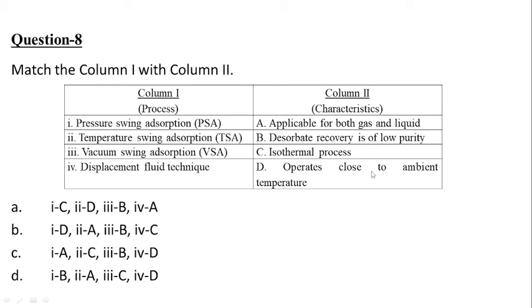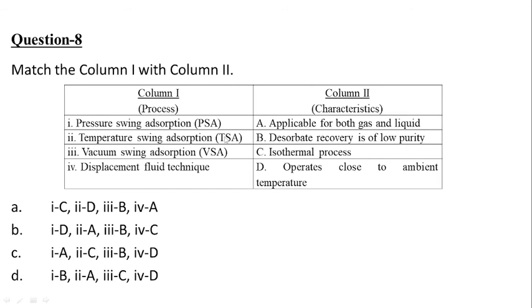Option D, operates close to ambient temperature. Pressure swing adsorption operates close to ambient temperature. So 1 is matching with D. So the option will be option B only. So let's see other things whether it is matching or not.